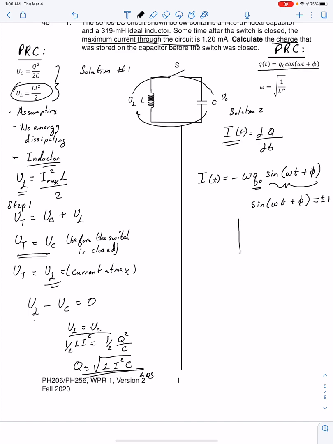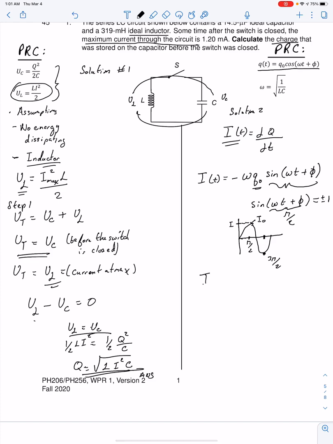Because in a sinusoidal graph, it goes like this, right? At this point right here, it is pi over 2. At this point right here where it's max, and let me put this as current, it is 3 pi over 2. If you substitute pi over 2, sine of pi over 2 will give you the max current available at that point.